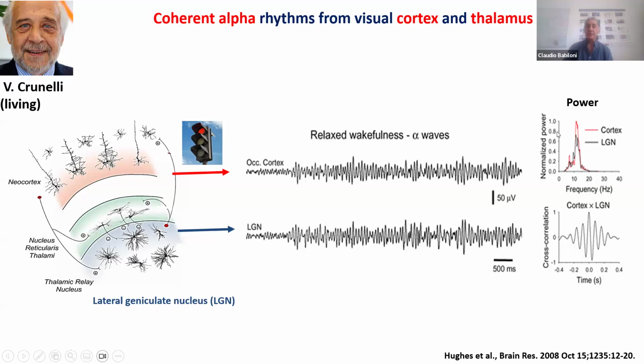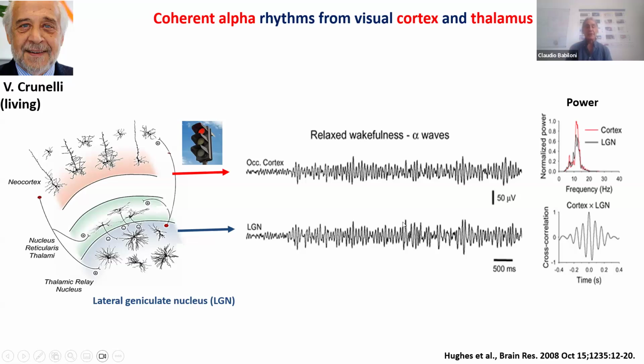And indeed, you see that in the graph of power density spectrum in the right side of the picture, you see the EEG power spectrum from cortical electrodes in red and the lateral geniculate nucleus in black. And so you see that the maximum power of the local field potentials is around 10 Hz.